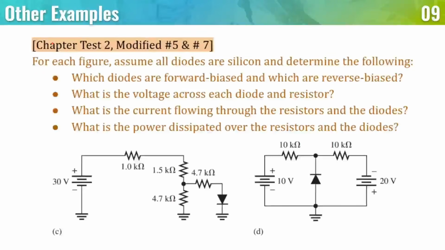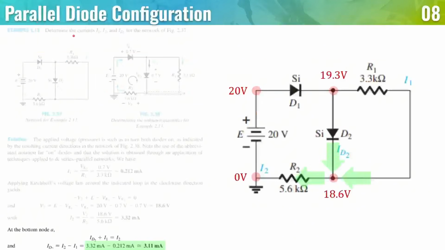So here, let's answer some other examples. You'll notice I labeled them other. Why other and not parallel? It's because from the word here, parallel diode configuration, you're meant to have two or more diodes arranged in parallel.